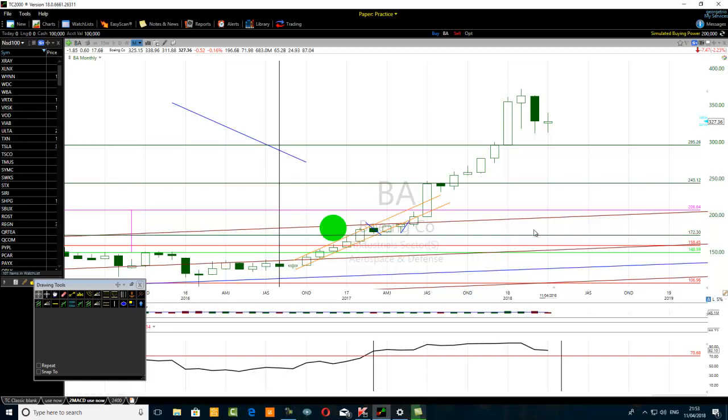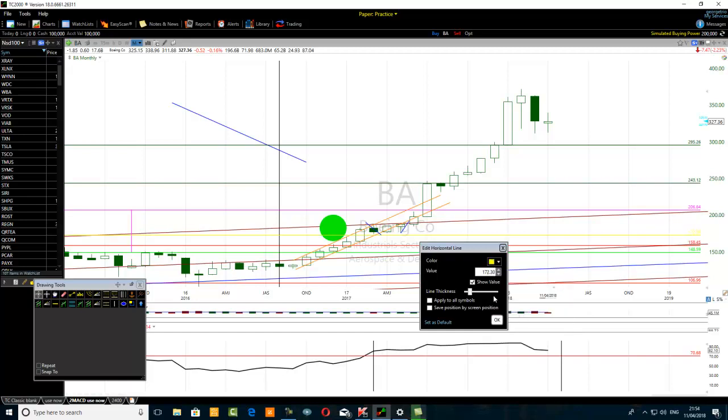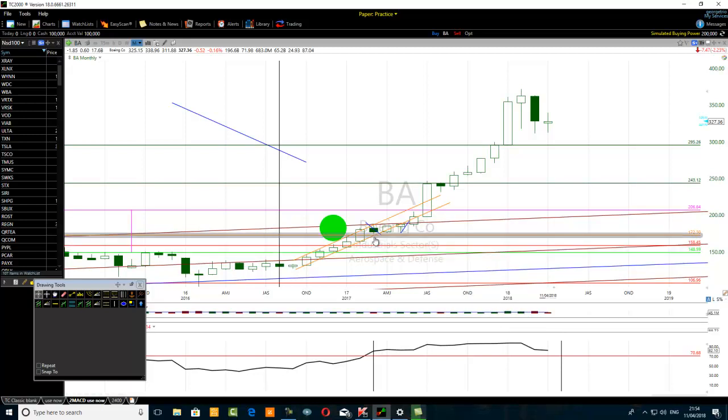That median line is very important for us. It failed to go below it, and we will use that as a measuring stick, as a warning line. If it doesn't go below that orange line, I won't sell it.